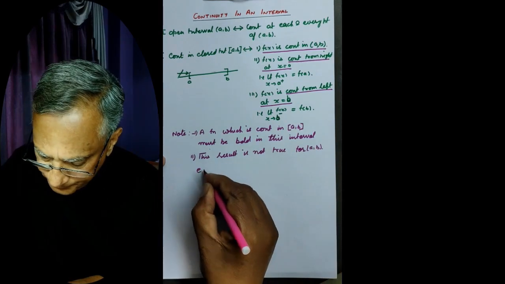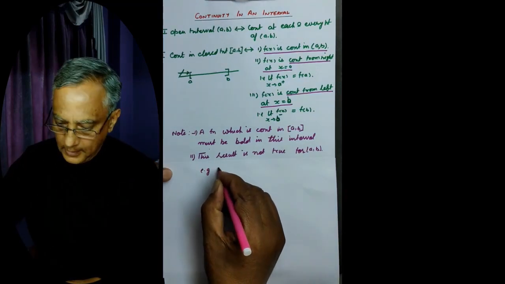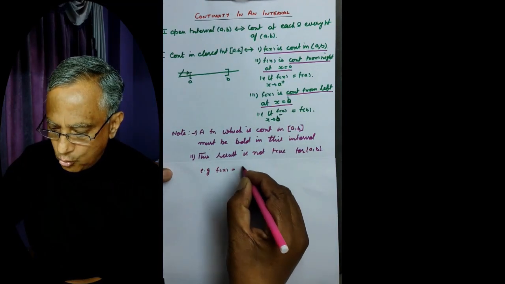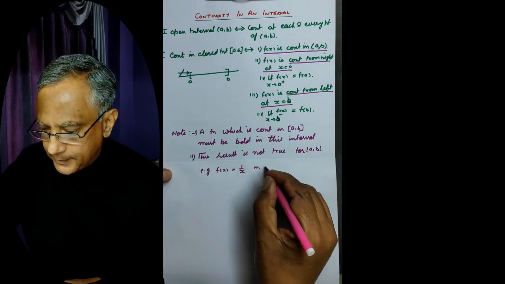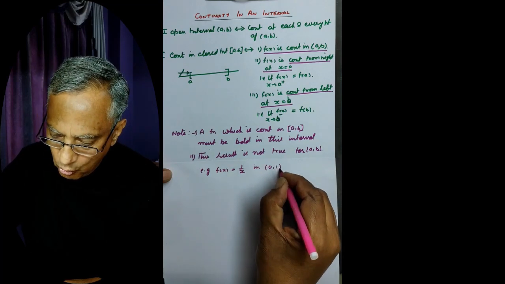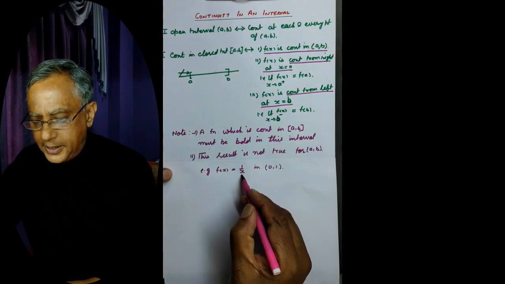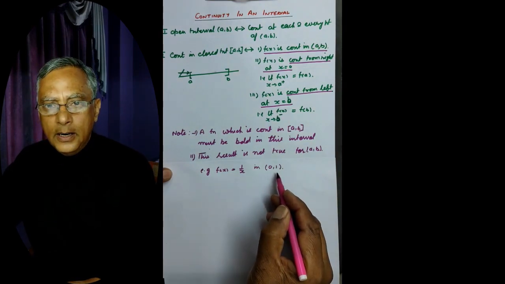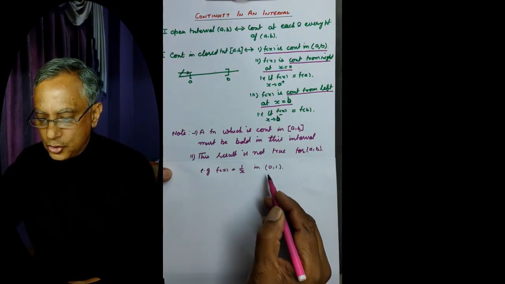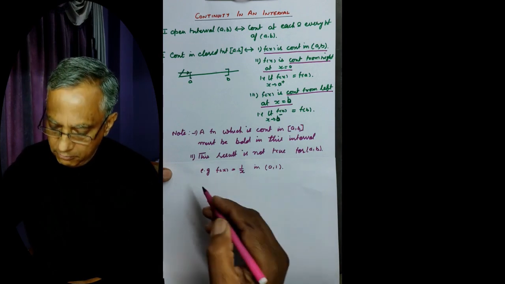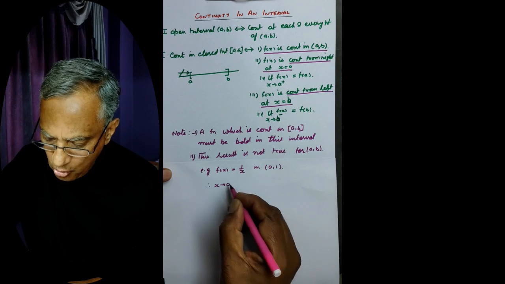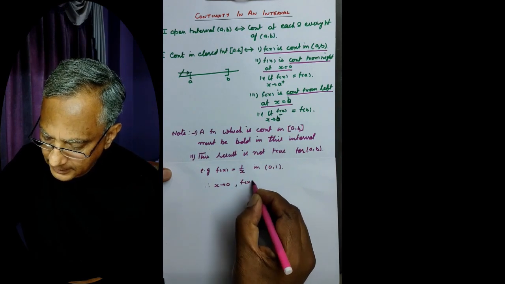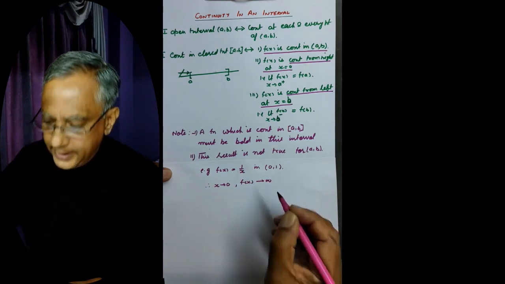For example, f(x) equal to 1 by x in (0, 1). Now this function is continuous in this interval, but it is not bounded, because as x tends to 0, f(x) tends to infinity.